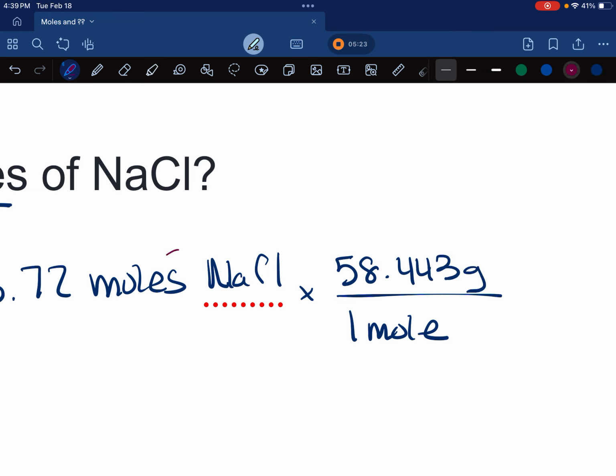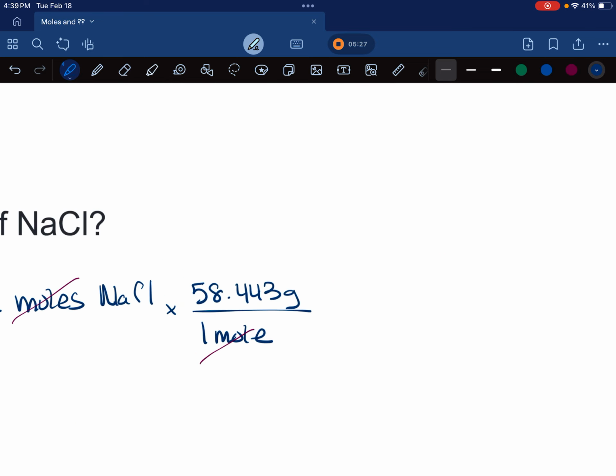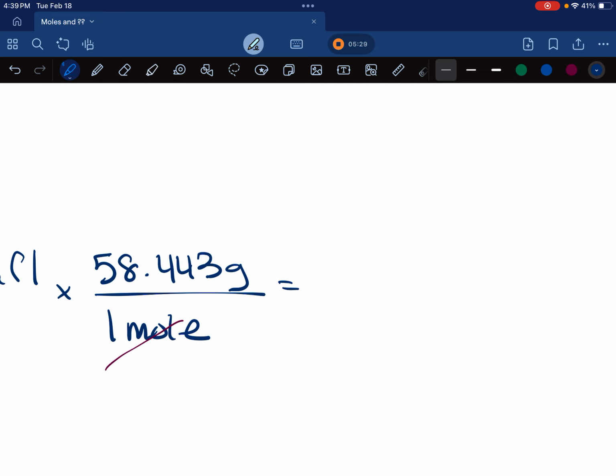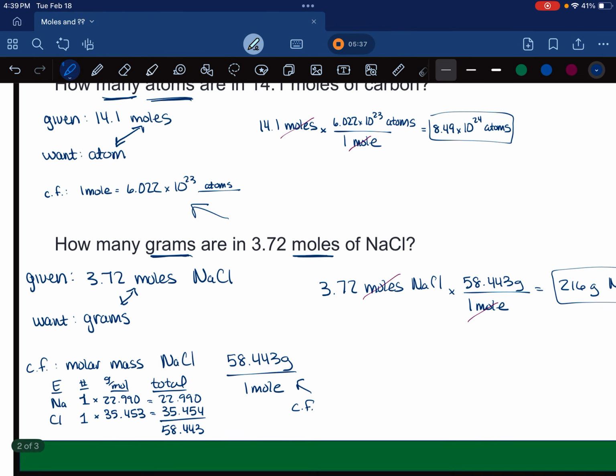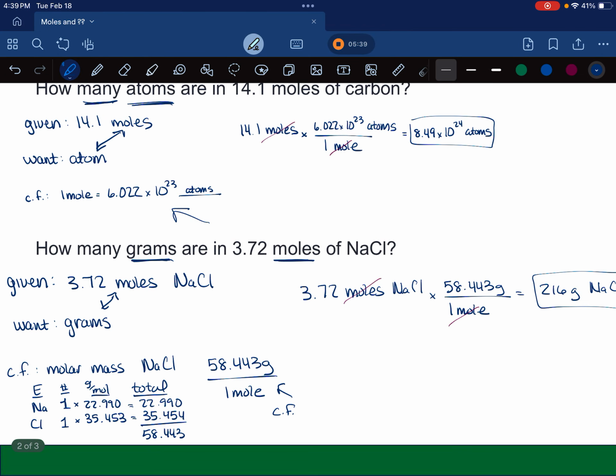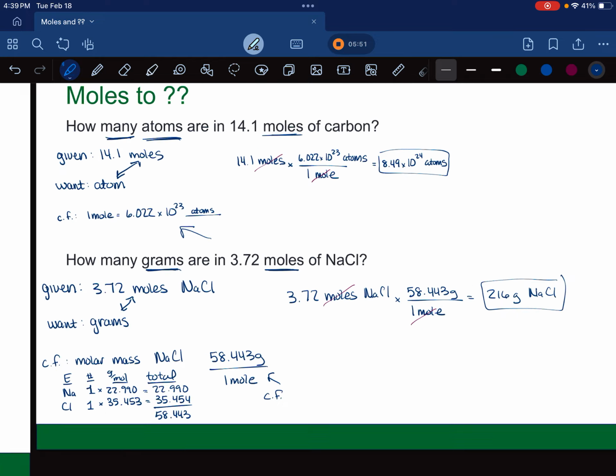Going to pop that in our calculator. We're going to get rid of moles, and we should get a total of about 216 grams of NaCl. All right, so again, in this case, I knew to use the molar mass because it was relating moles to grams. So again, first question, moles to atoms, I use Avogadro's number. Moles related to grams, I use molar mass.